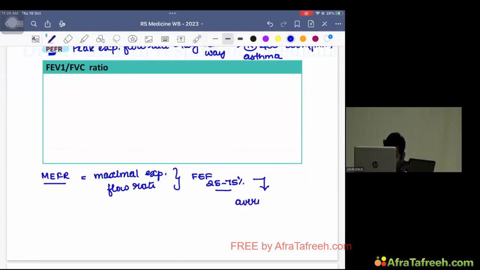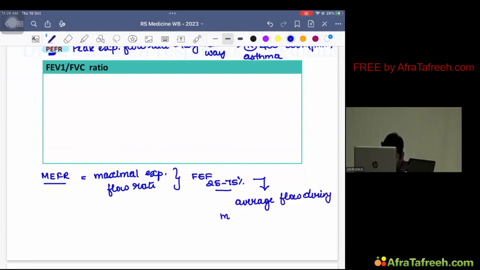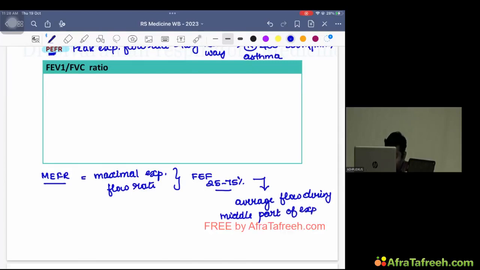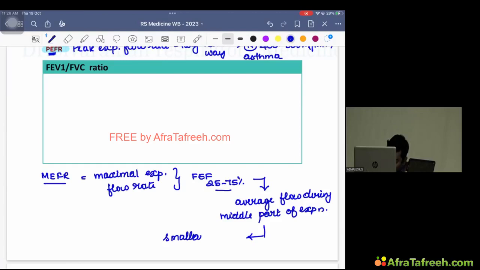This indicates the average flow during the middle part of expiration, and it is a marker or indicator of small airway disease and medium-sized airway disease.